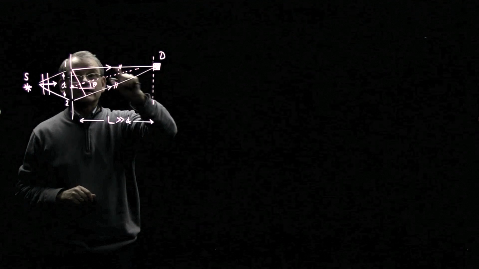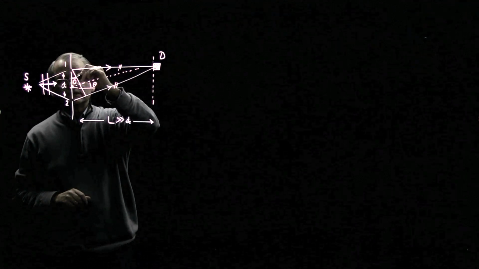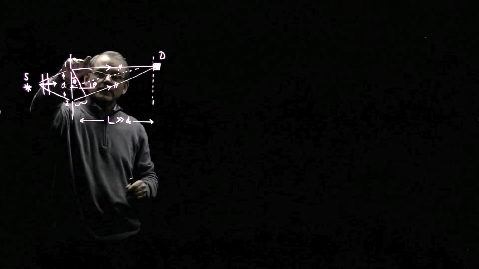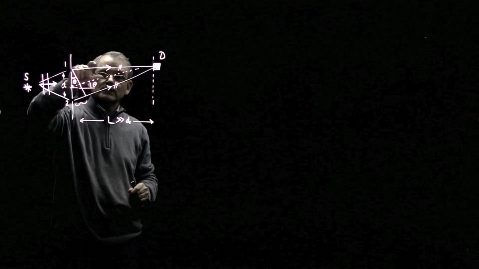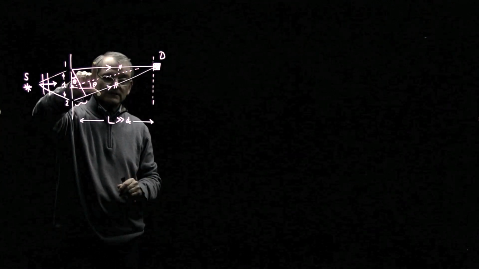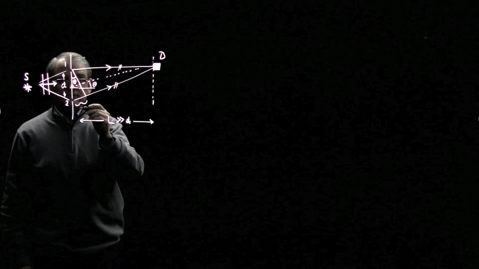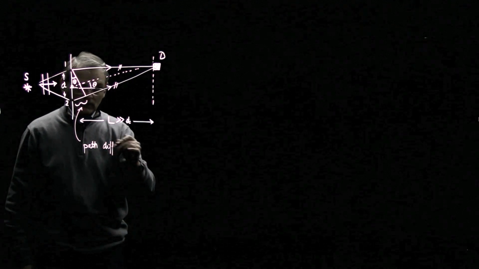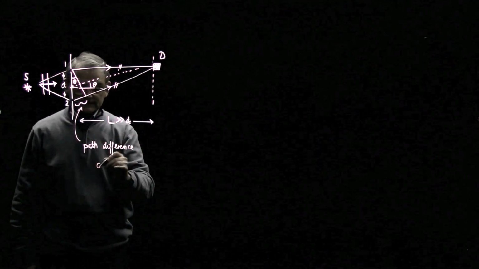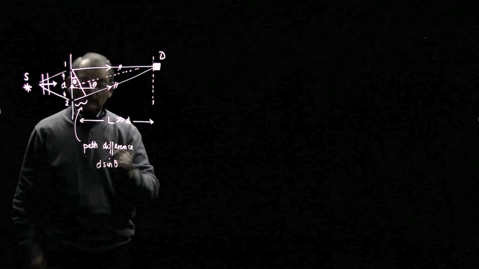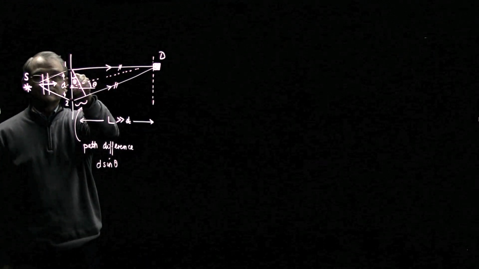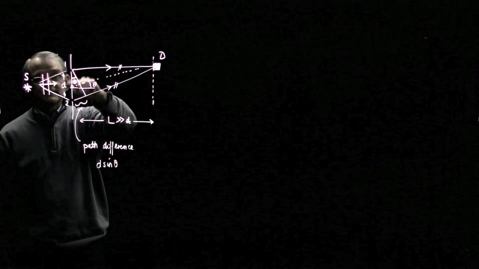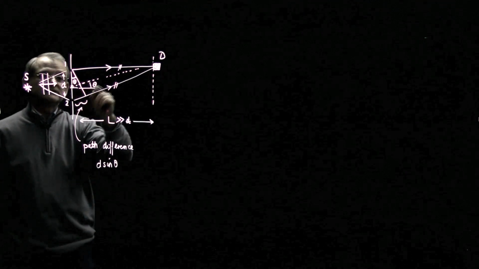Because these rays are parallel, this angle here is also theta, which means that the path difference between the two rays, or in this case between the two electron waves described by the wave function, this path difference here is given by d sine theta. You can see that because we have d along here, and we have the angle theta, so quite clearly d sine theta is this path difference.